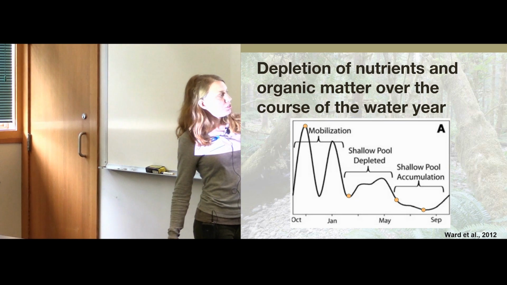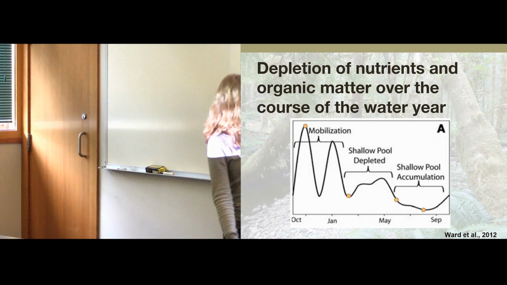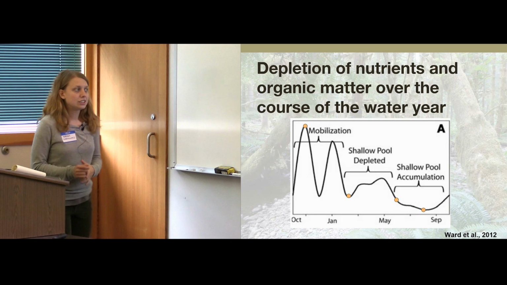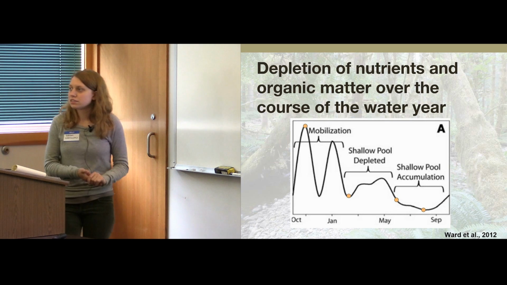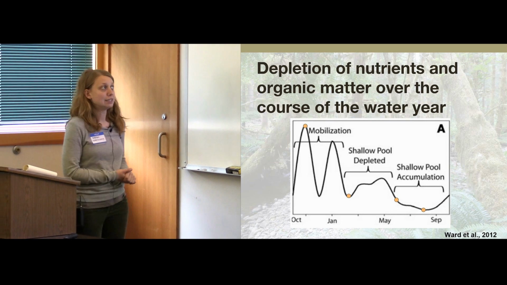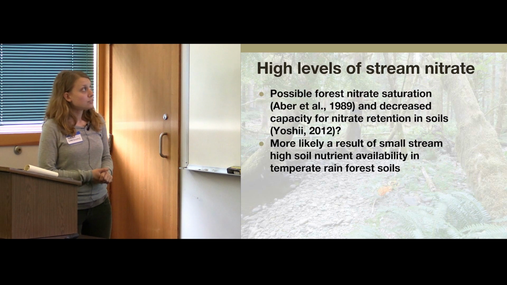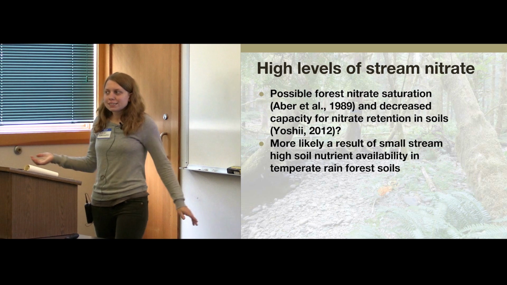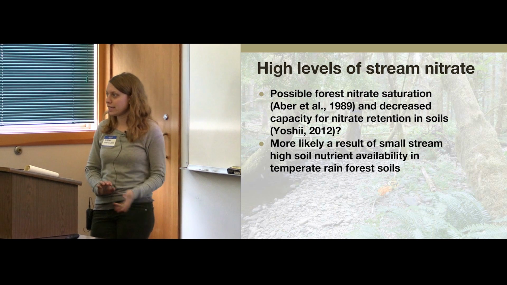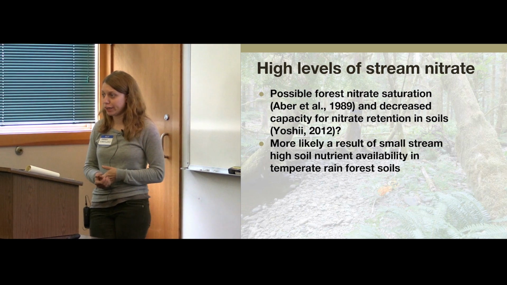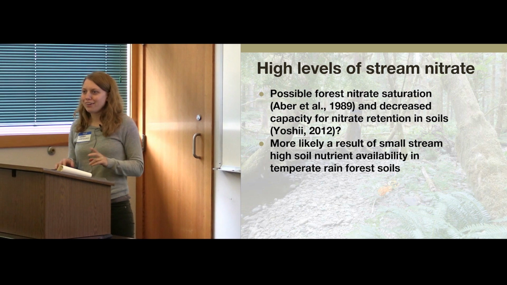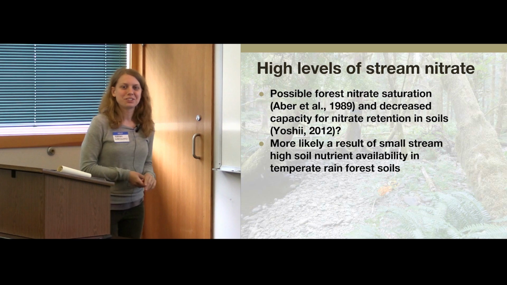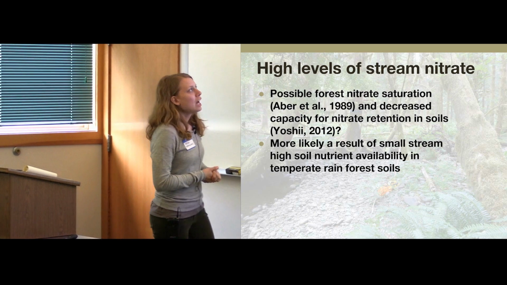In February, June, and August, low concentrations, which is also consistent with what we've been seeing. Now, these high levels of stream nitrate, we're not exactly sure why this is happening yet. Like I said, these are some preliminary results, and so you're kind of getting a little bit of insight into how scientific research goes, some of the trials and tribulations.